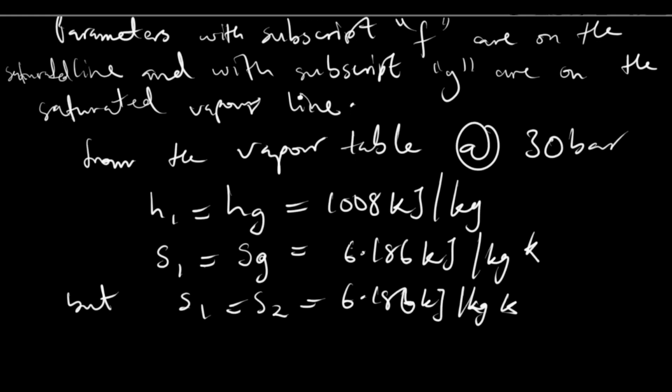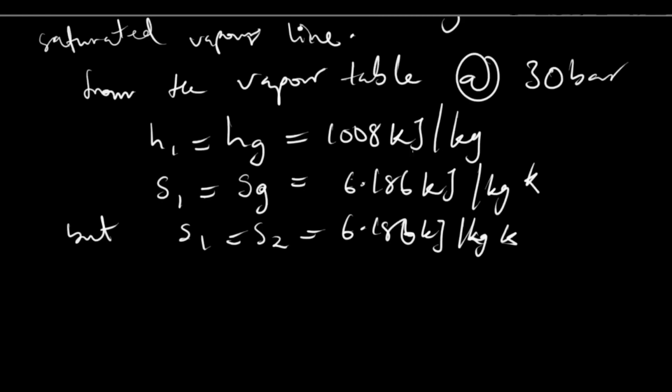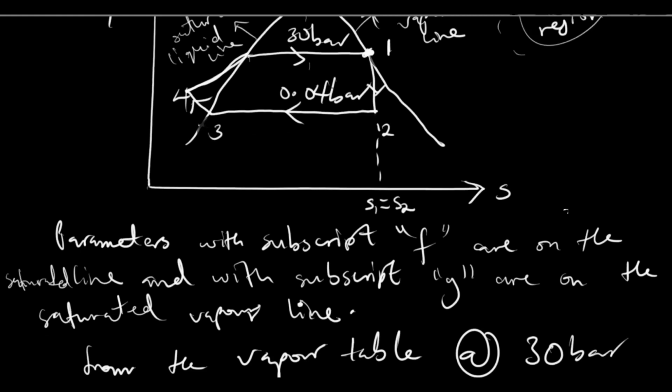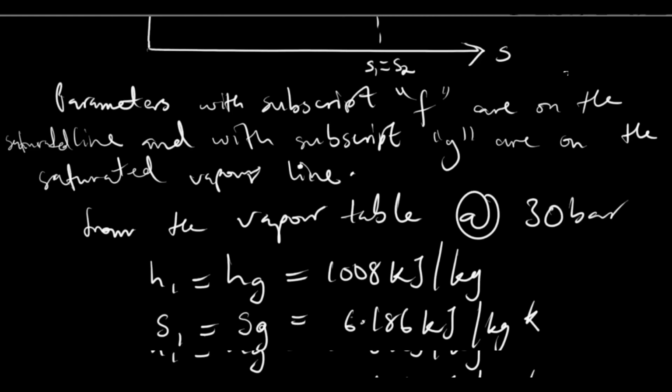So what do we do with that? How do we find the H2? We first find the X2, that is the dryness fraction that will enable us to find it. So from this formula, SFG, S2 we have the value. So at 0.04 bar, you can see that at 2 the pressure dropped to 0.04 bar.